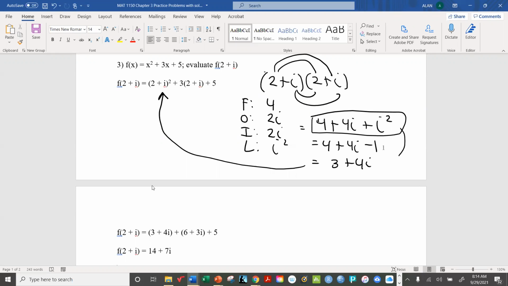So that becomes this. The FOIL hasn't changed. What's changed is that this i squared is actually equal to -1, and so you should take advantage of that whenever possible.